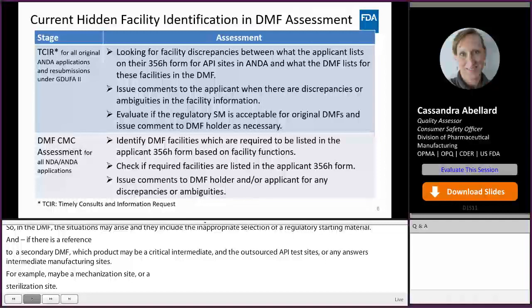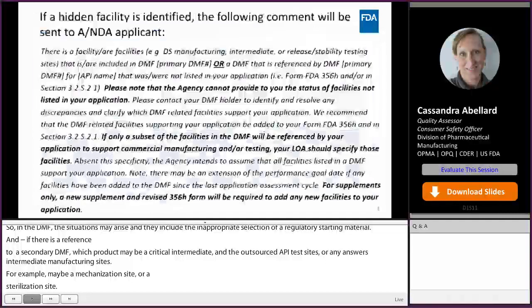During this, we identify DMF facilities which are required to be listed on the applicant's 356H form based on facility functions. We check if required facilities are listed on the applicant's 356H form, and we issue comments to the DMF holder and/or applicant for any discrepancies or ambiguities.